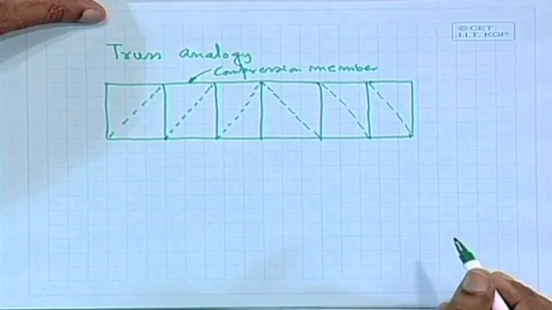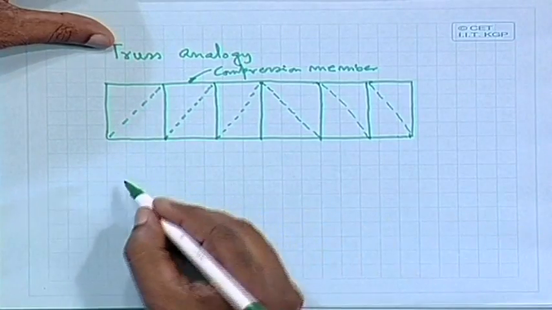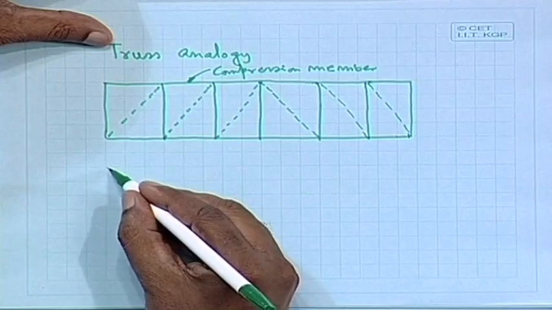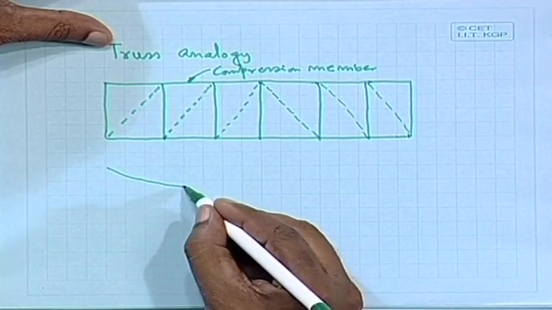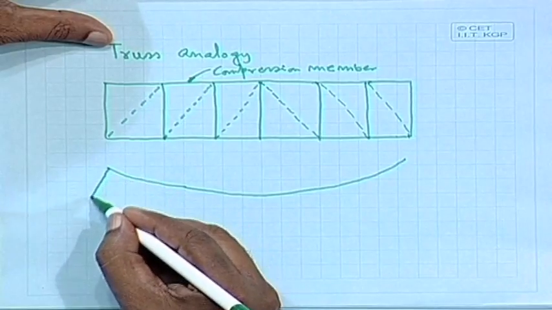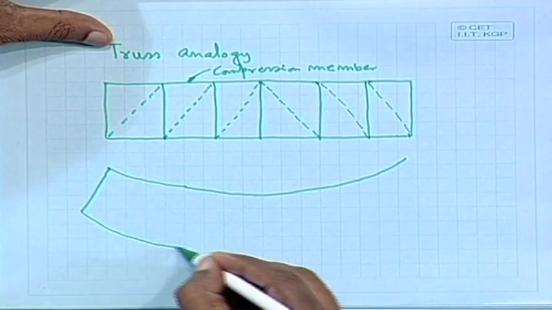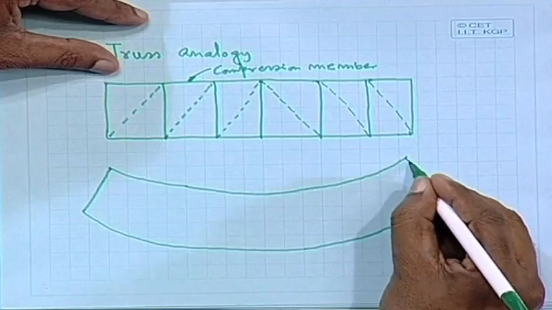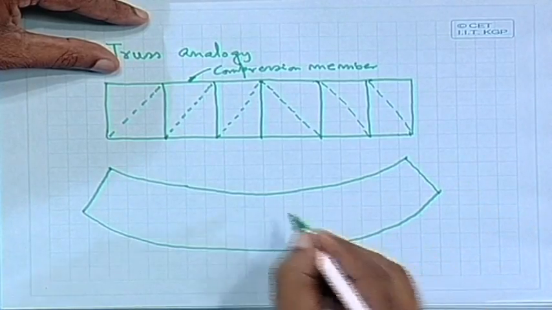So, this is your compression member. If it happens, we can find out this way. Let us say it bends like this. So, if it bends like this, then what we will get?